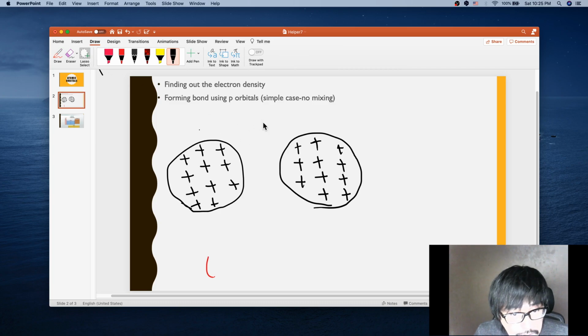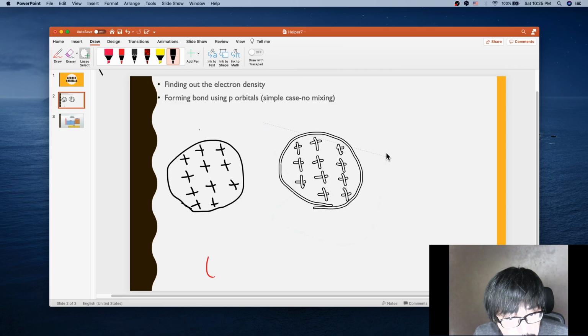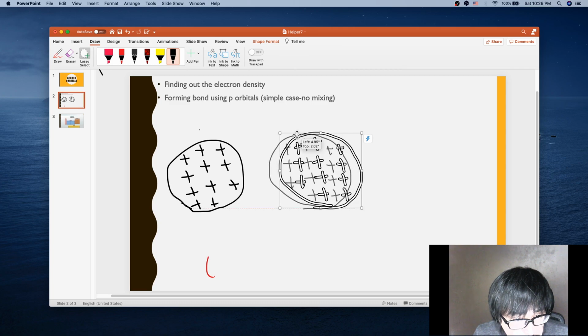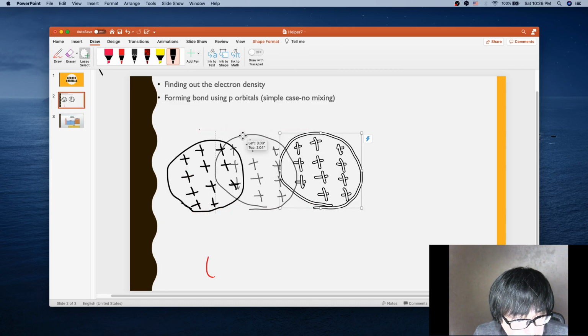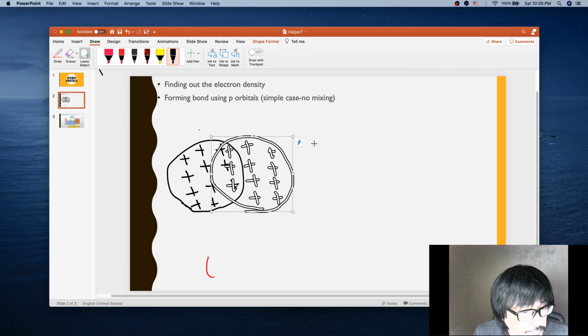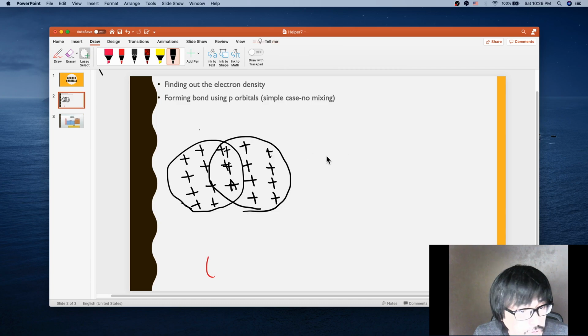Then I'm going to make these guys approach together. Then what's happening here? Somewhere in the middle, I have two positive signs, right?